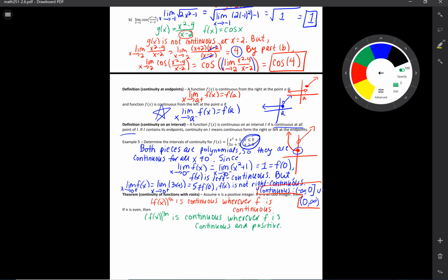So I can take roots of functions and guarantee their continuity as long as f is continuous, and if n is even, then f also has to be positive, since I can't take the even root of a negative number.